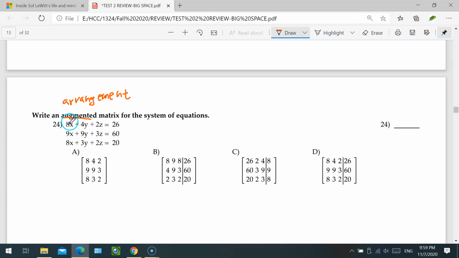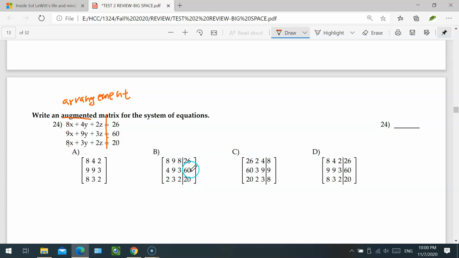So when you write the 3 by 3 augmented matrix, you simply write down the number of the x term, the number of the y term, and the number of the z term. A vertical line, this is a divider. The 3 numbers on the right hand side of the equations go to the most right hand side column of your matrix.